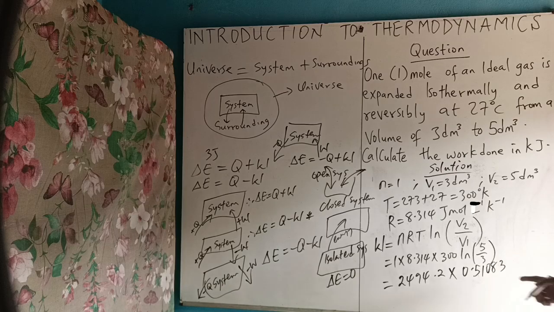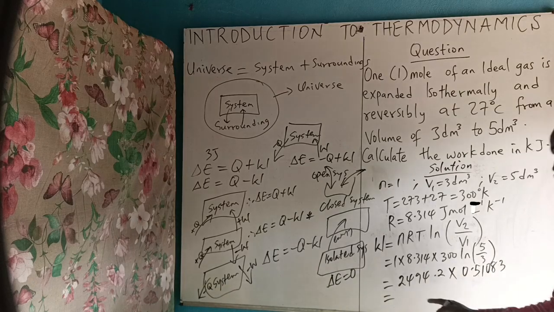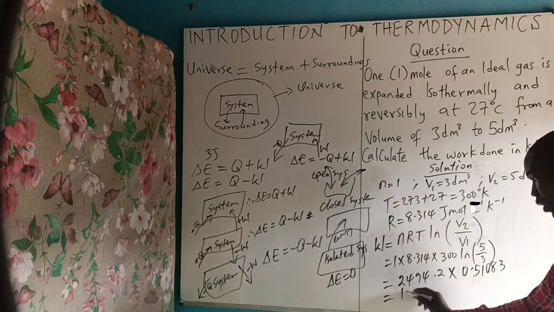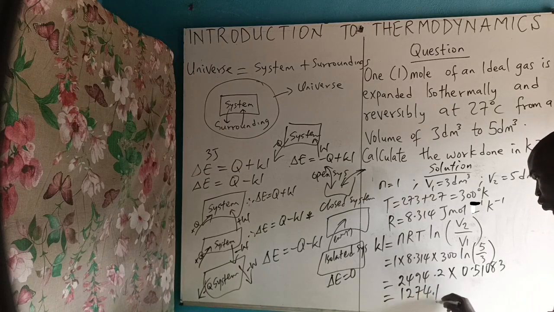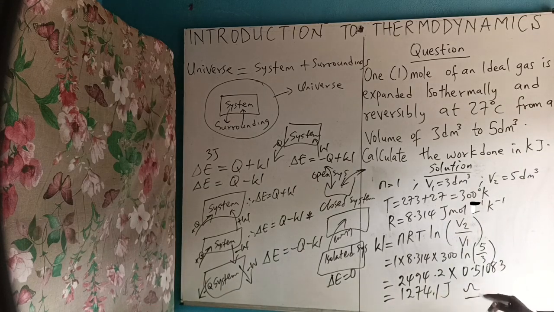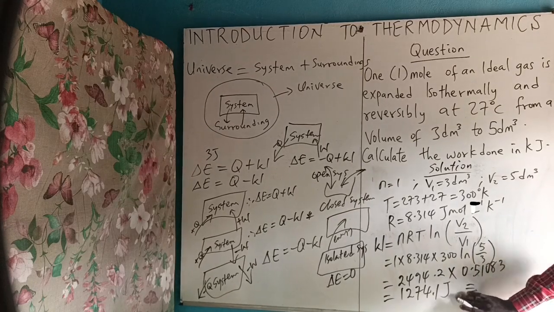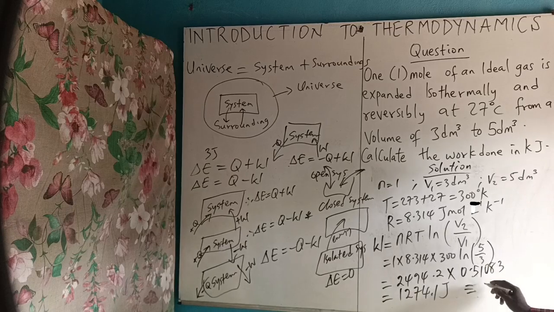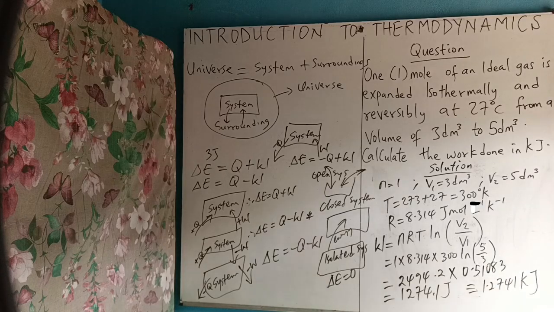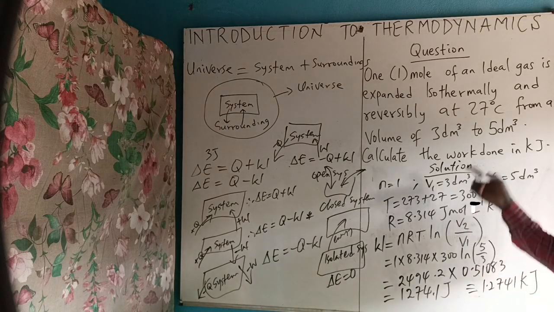So after you have calculated this, when you say this times this, you'll be getting it in joules, and that is 1374.1 joules. But the question is, get it in kilojoules, and kilojoules means divide by 1000. That is 1.2741 kilojoules.